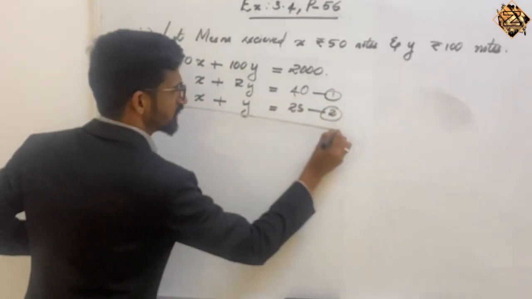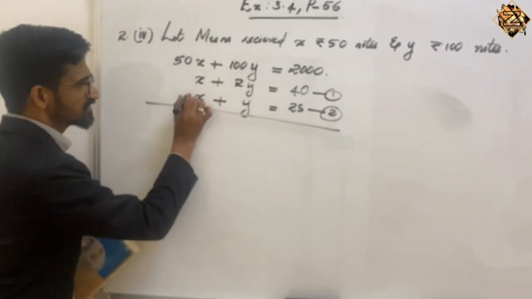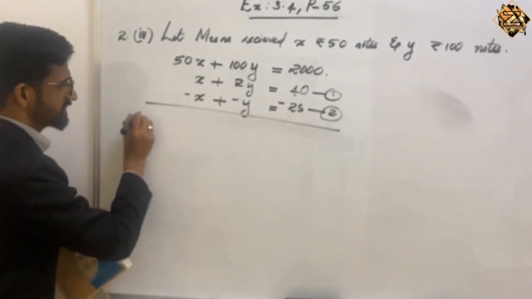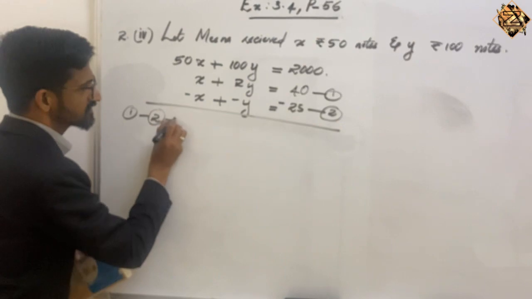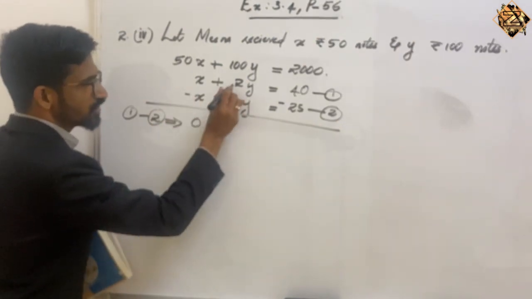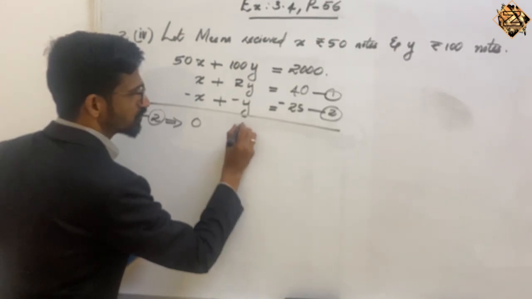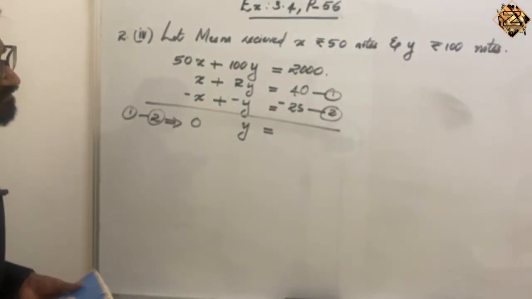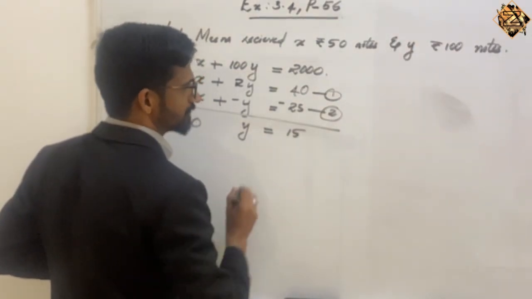Since the coefficients of x are already the same, we'll just change the sign and subtract. Equation 1 minus 2: x minus x is 0, 2y minus y is positive y, equal to 40 minus 25, that is 15.